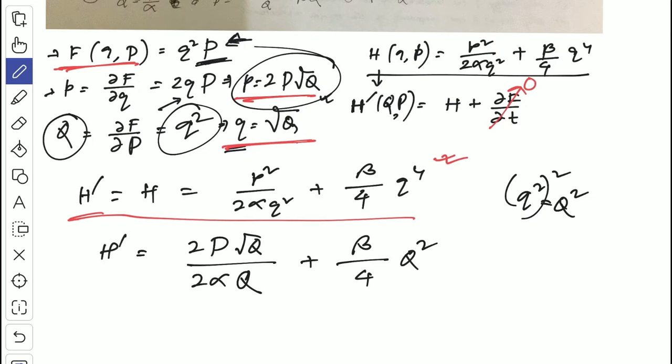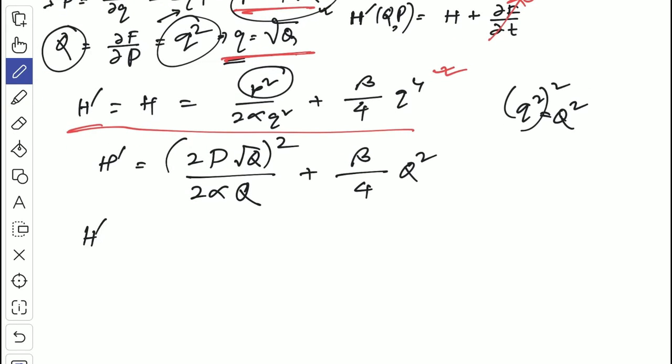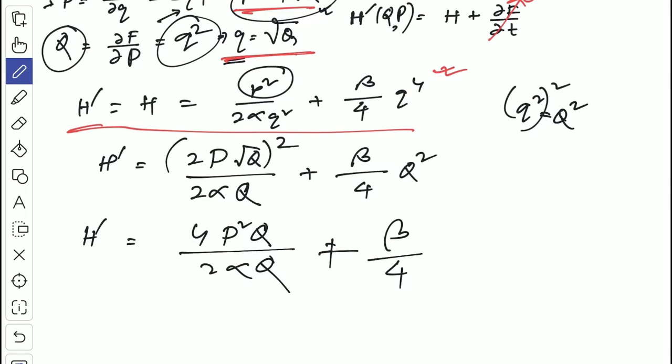So if you simplify this, then what will happen? It was p square, isn't it? So it will be whole square here. After simplifying this, H dash is equal to 4 capital P square Q by 2 alpha Q plus beta by 4 Q square. So here Q is gone, and this 2 cancels 4.